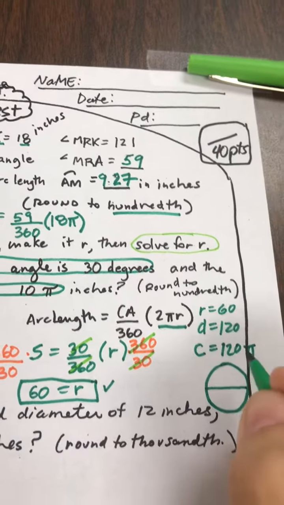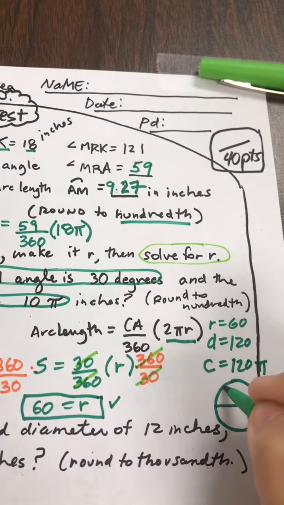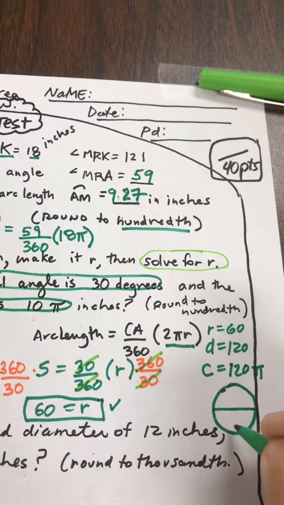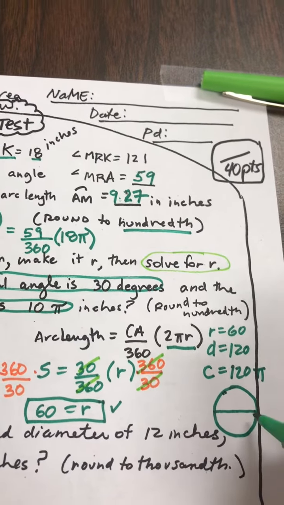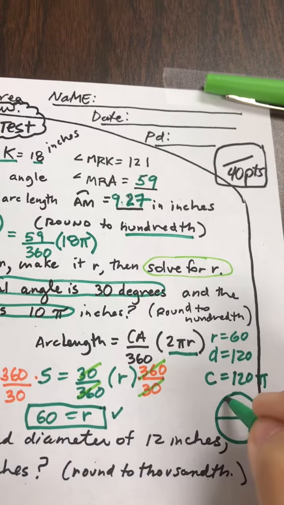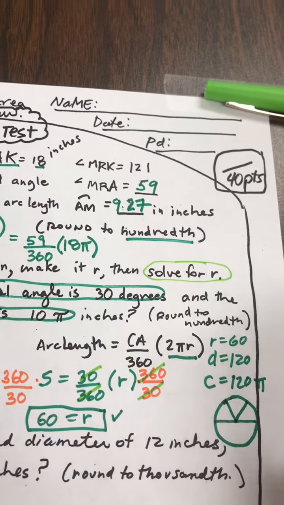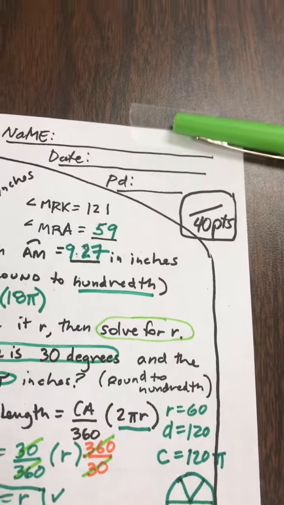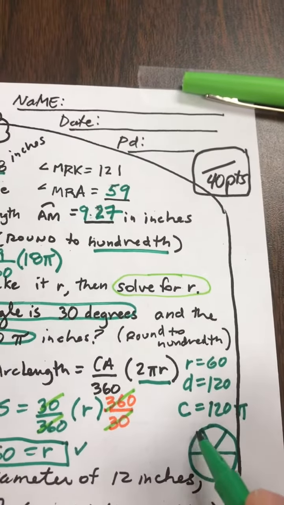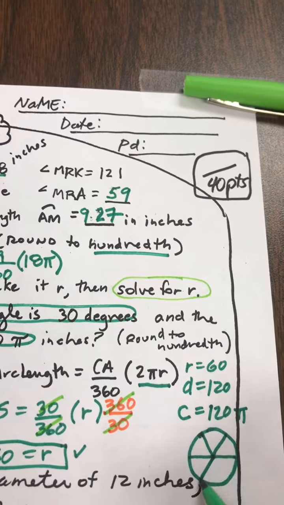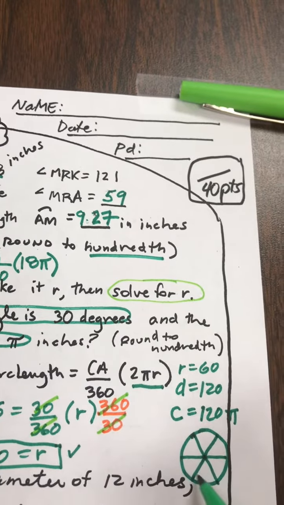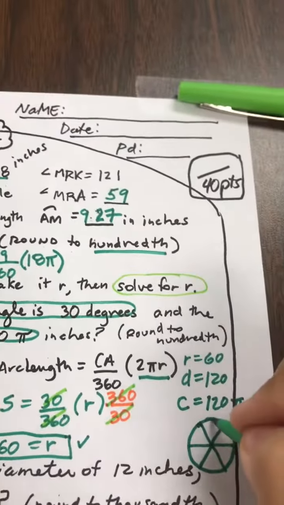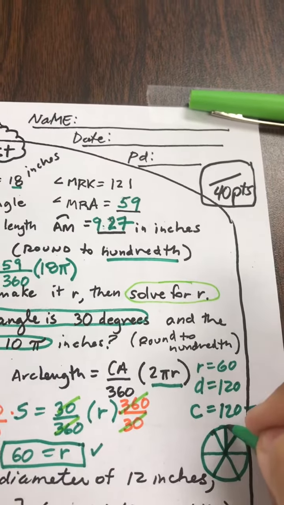That's 180, right? So 180, I cut that in thirds, so that'd be 60. Each of these would be 60, 60, 60. So 60 times 6 is 360. I need a central angle of 30, so that's even a skinnier sliver.